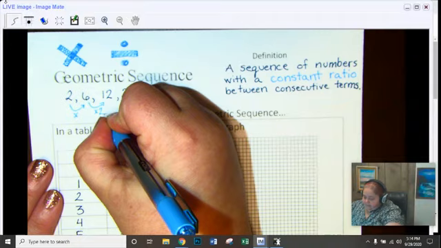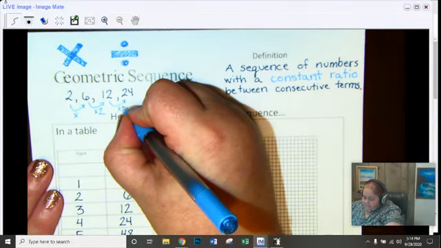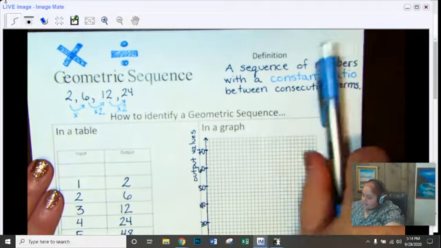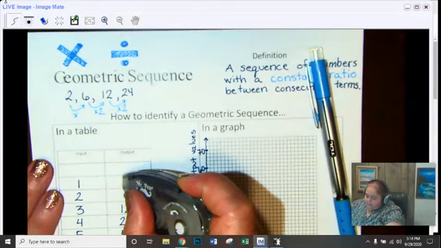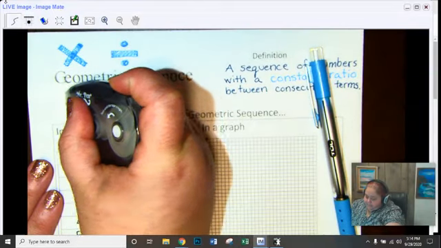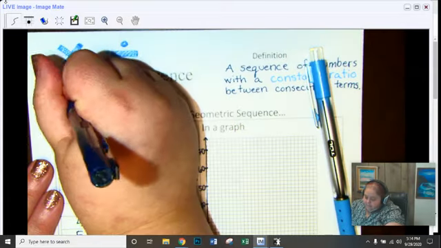I think I made a mistake. And this is times 2. But this one was times 3. I think I have a mistake in my pattern here. I think this is supposed to be a 3. Easy enough to fix.